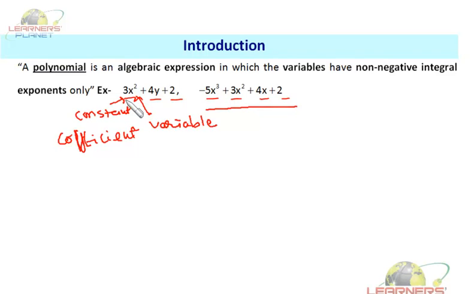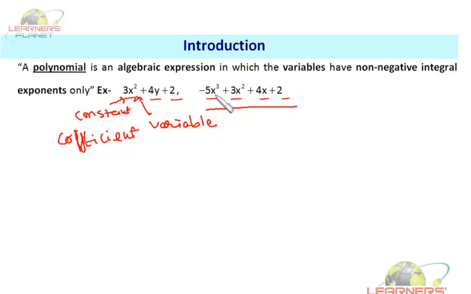Now coefficient is whatever is being multiplied to that particular variable. So here 3 is multiplied to x square, that means 3 is the coefficient of x square. Similarly, coefficient of y is 4 and 2 is the constant term.